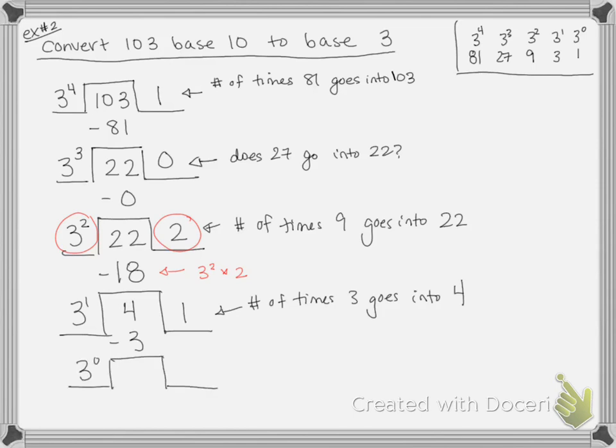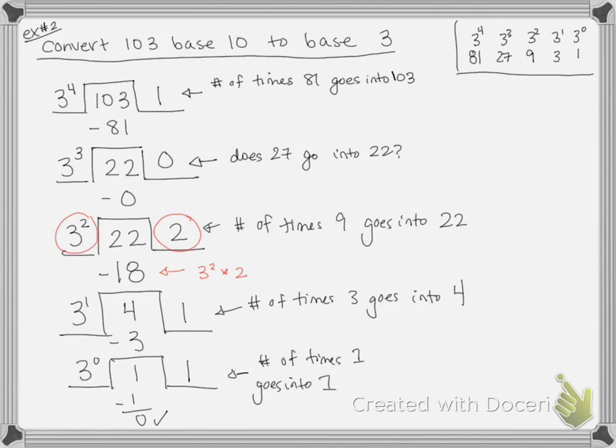Now I have to check 3 to the 0, and I'm looking at 1. So I'm going to write really low on the screen. I apologize for that. But this is a singles, so it happens only one time in order to get rid of that single digit. So the number of times 1 goes into 1.